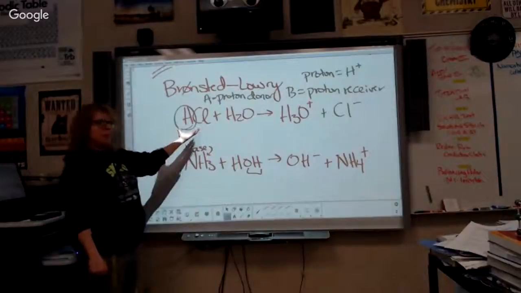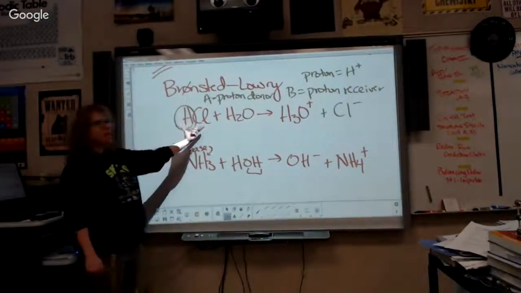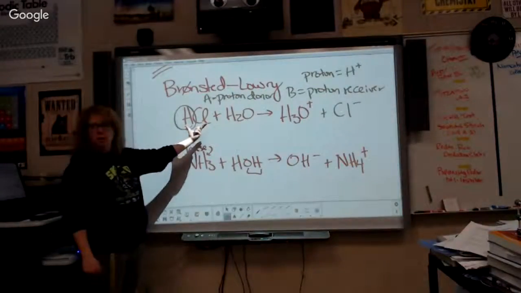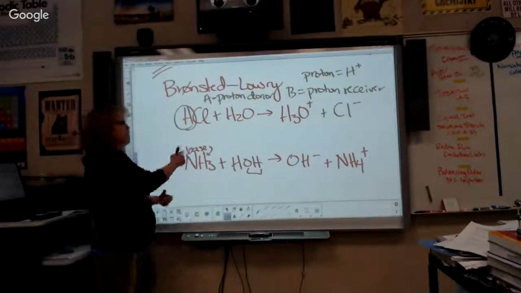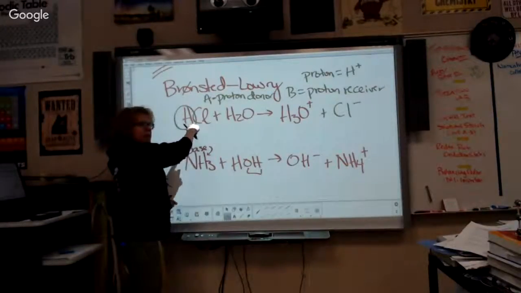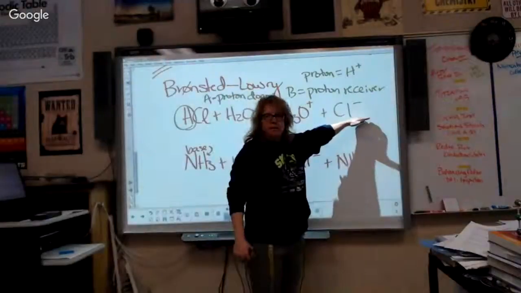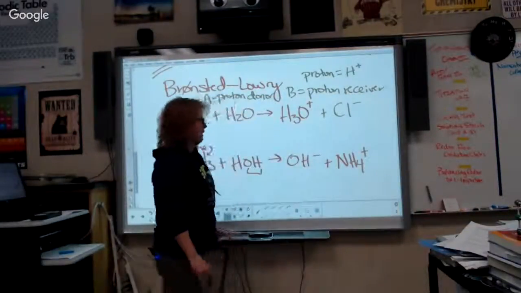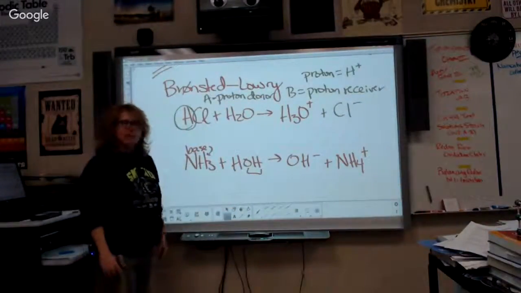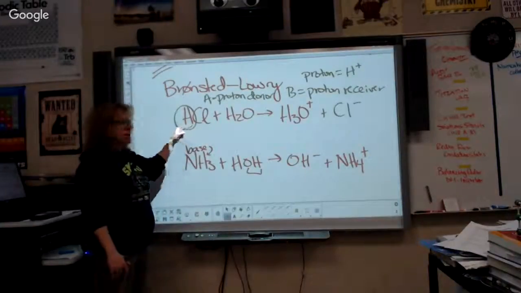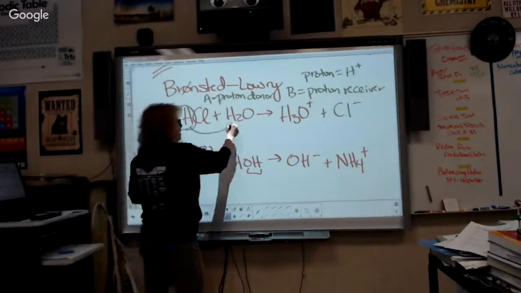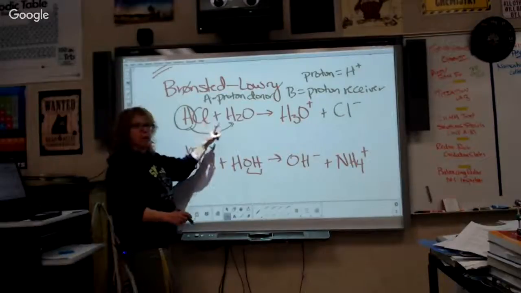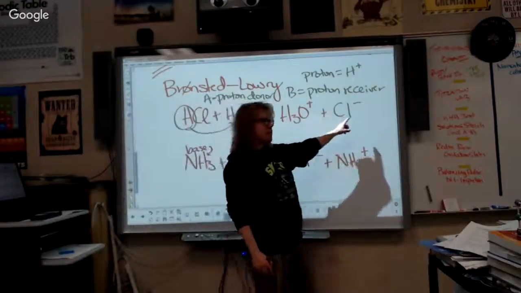Okay, so hydrogen. How can I say that hydrogen is acting like a proton donor? Here it is with its proton, and here it is afterwards, naked. Where did it give its proton to? It literally transferred this to that. So this is the before, and after it's donated, we got this stuff after.